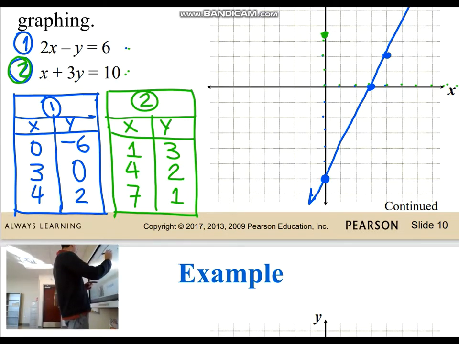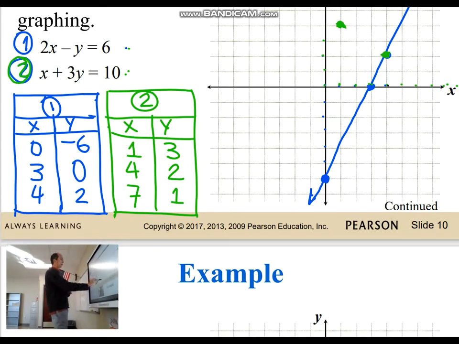X equals 1, y equals 3: 1, 2, 3, right here is the first point. X equals 4, y equals 2. Interesting.